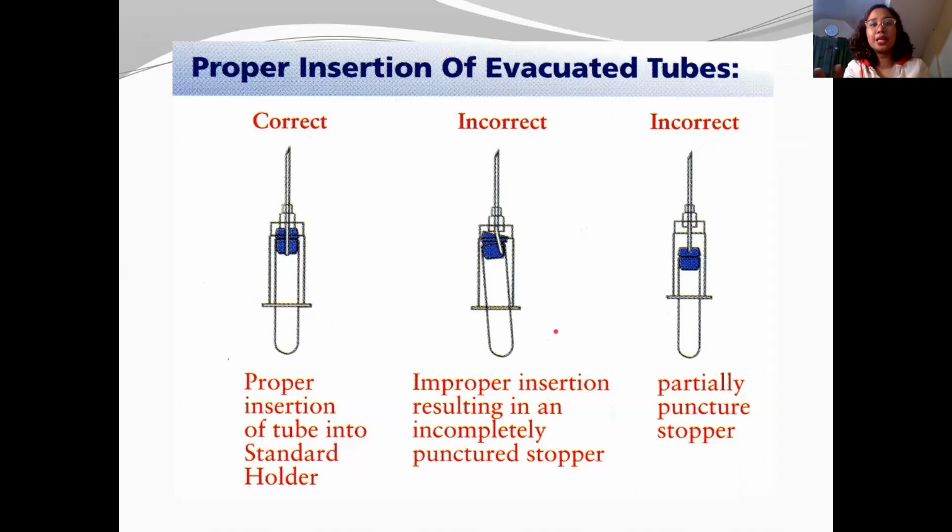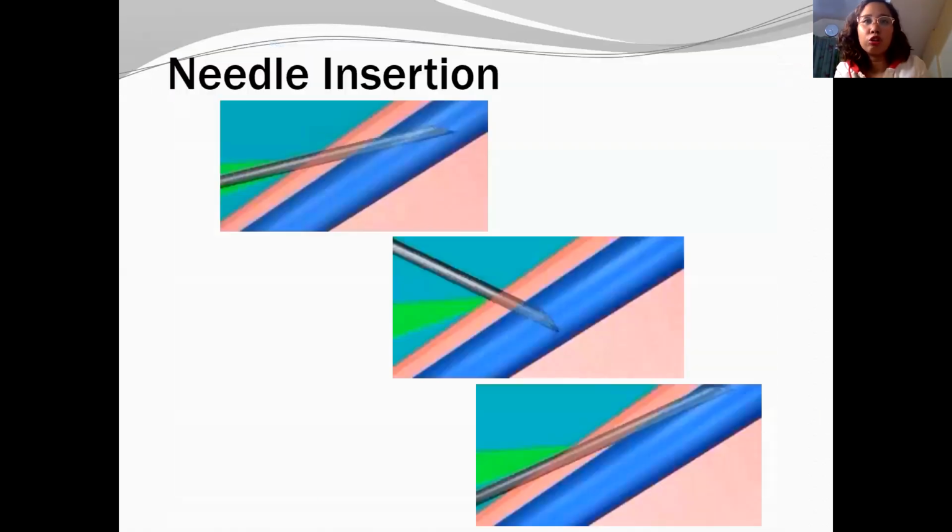Sometimes blood doesn't flow in because the hub, or the rubber tubing, I forgot the term, is covered. Just place it correctly. Sometimes moving it a little bit will fix the flow of blood.